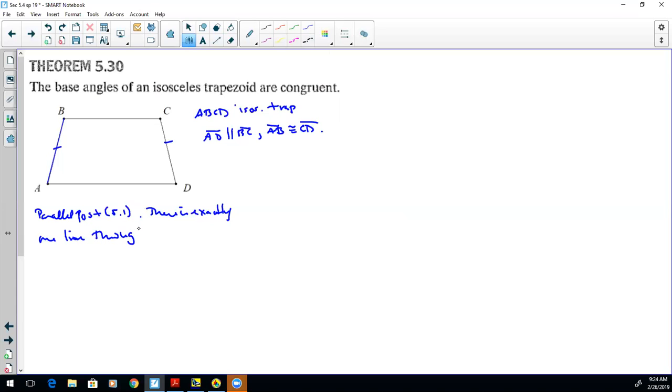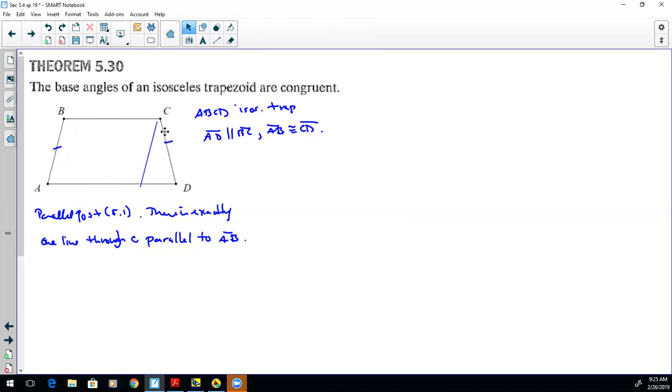Okay, let me see if I can write this a little better here. You can't read that.